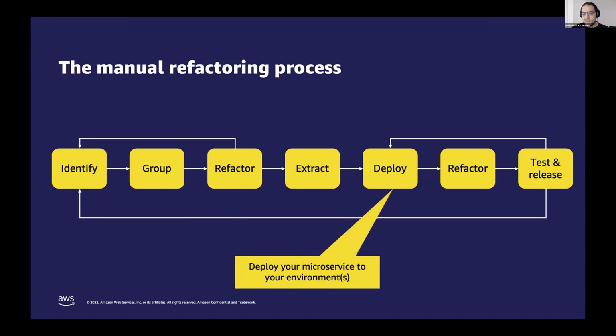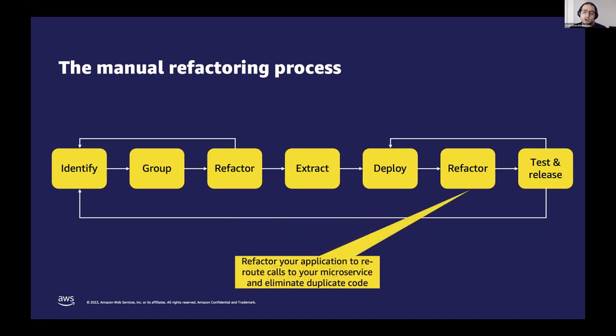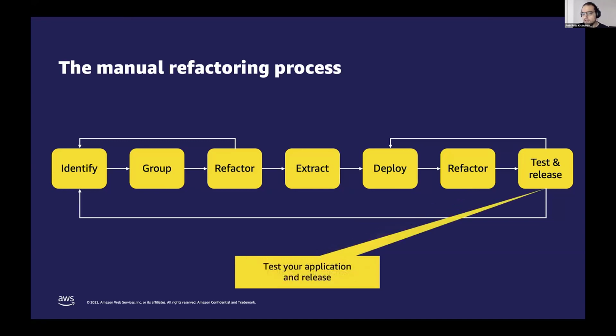When you have deployed it to a new environment, tested it, and are happy with the results, you come back to your monolith and refactor it to use the service you just deployed rather than the internal components. And then the final step is to test and release. You repeat that process until you break the whole monolith down into the smaller pieces of the microservice architecture.